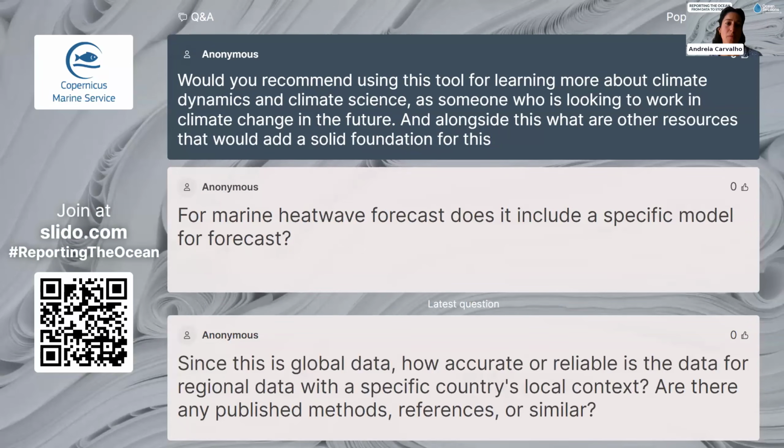And for the first part, definitely, because you can look at different variables, check the same time period, and see what happened. You can have this look since 1993, so you can definitely see how it has been changing. So you definitely have this climate look.